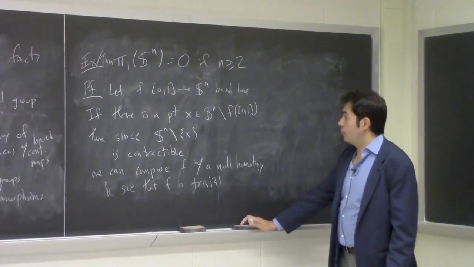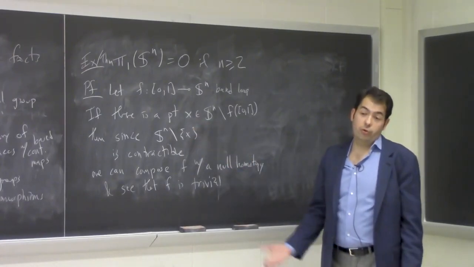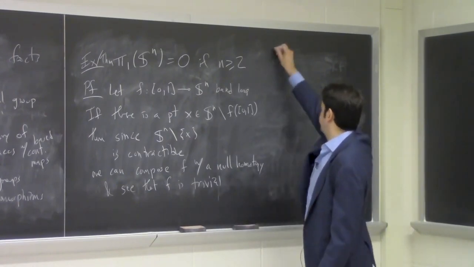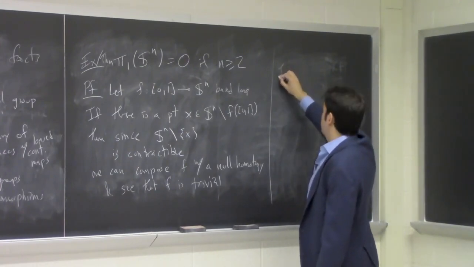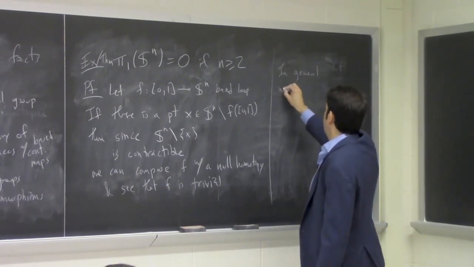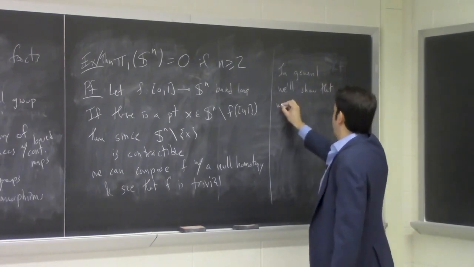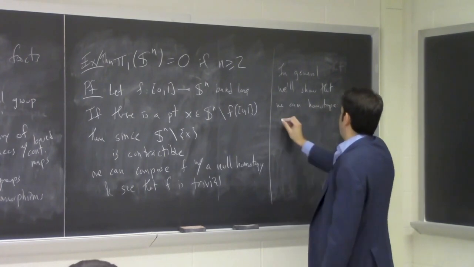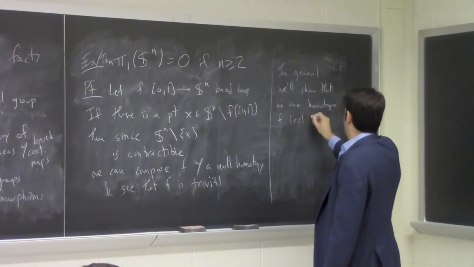Right? So the problem is, okay, what if you don't have a point that it misses, or you don't know that you have a point that f misses? So in general, we'll show that we can homotope f relative to endpoints.